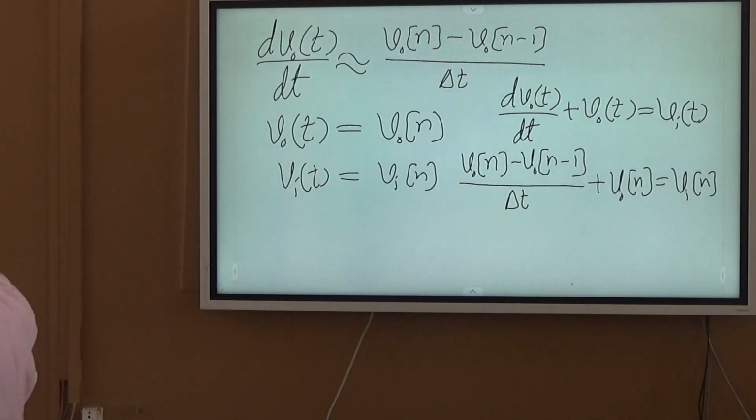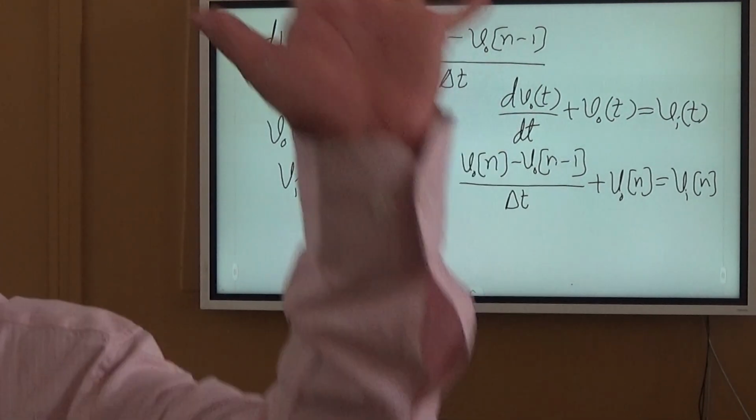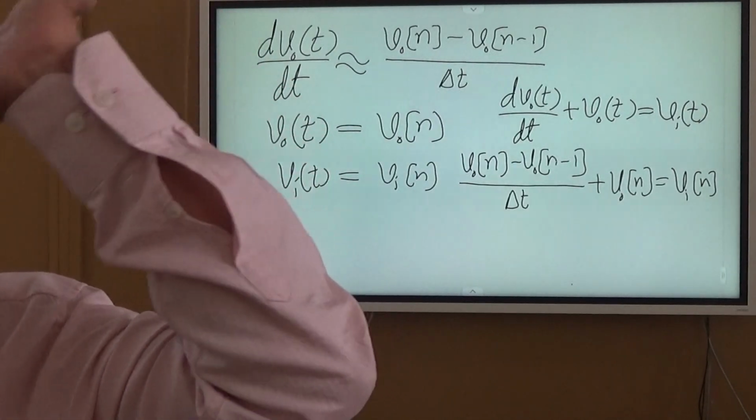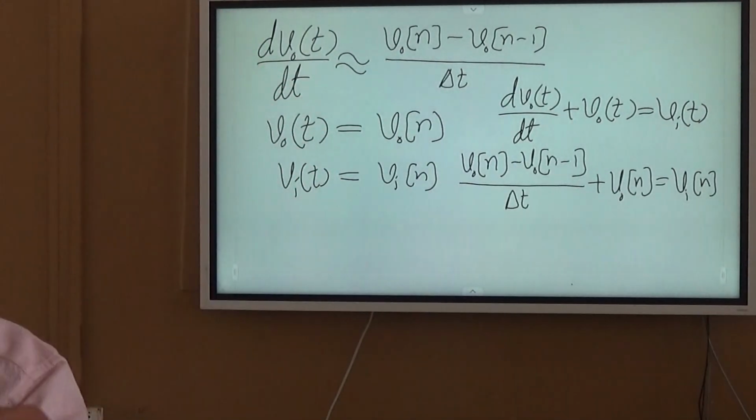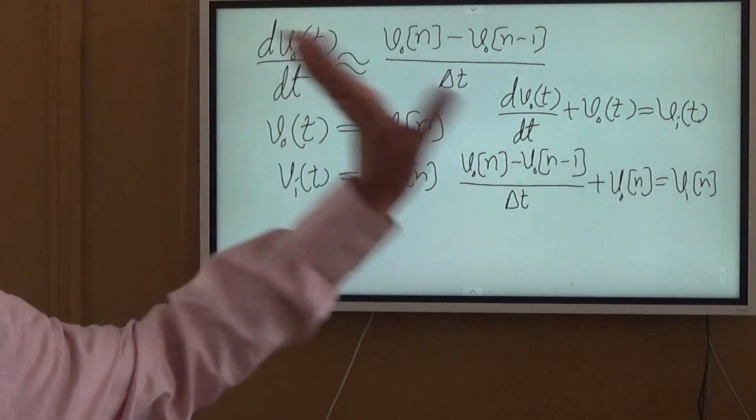So difference in successive sample values upon sampling time, right? So that is the derivative. So once the derivative is approximately replaced by a simple ratio, this becomes a very simple equation.